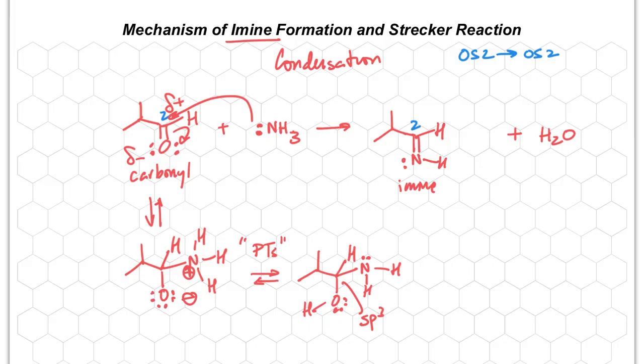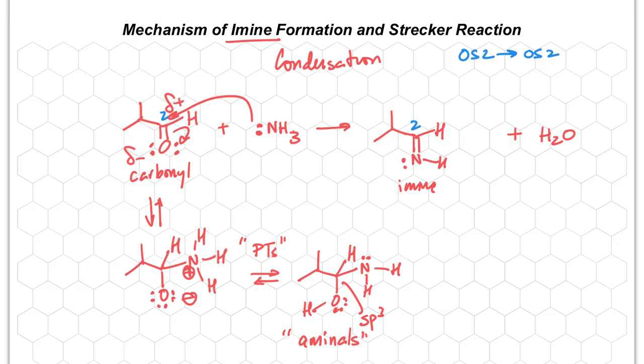Remember from the prior lecture when we had an sp3 hybridized carbon, oxidation state 2, but both heteroatoms were oxygen. Those were called acetals. When you have something that's mixed, nitrogen and oxygen, those are called aminals.